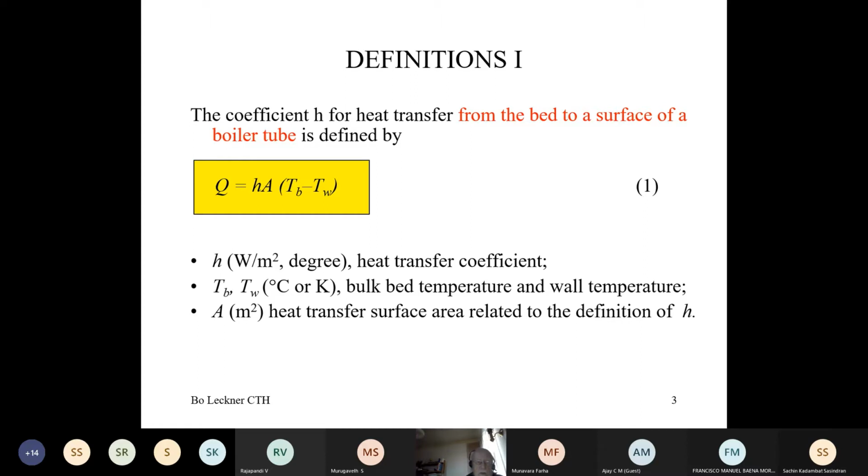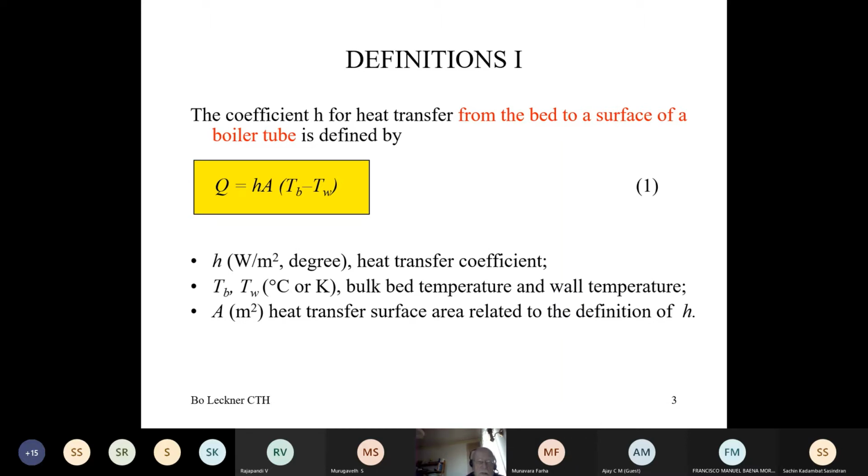All of this seems very simple, but one has to be careful. The heat transfer coefficient is that from the bed to the surface of a tube. But then you have to calculate also the heat transfer through the wall of the tube and to the medium that flows inside the tube.